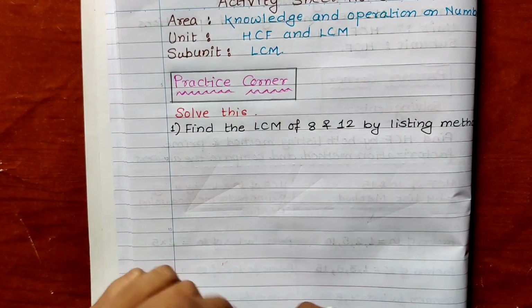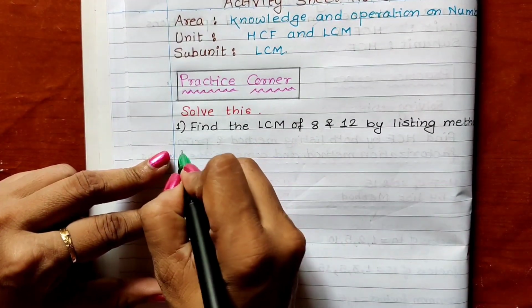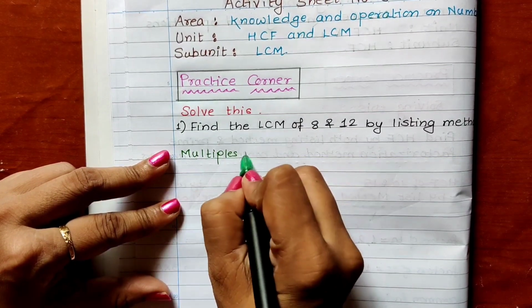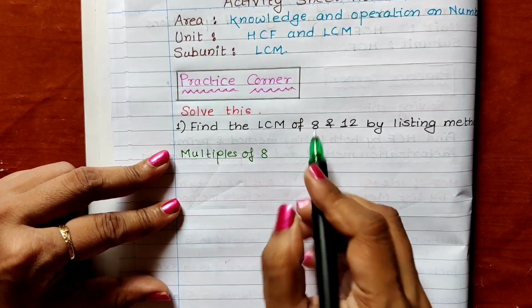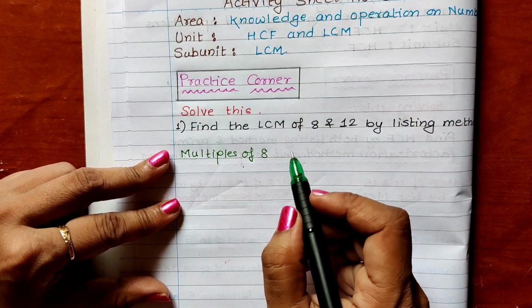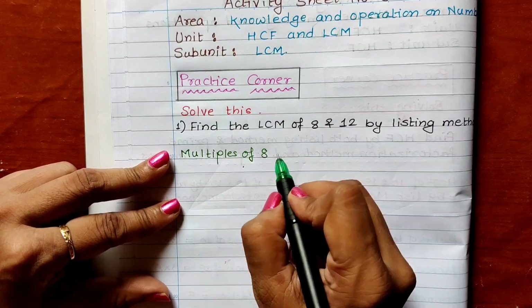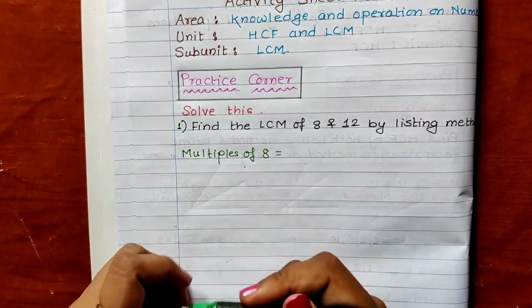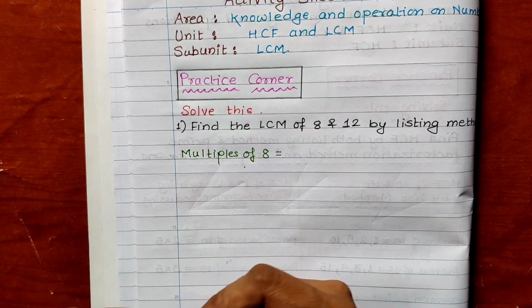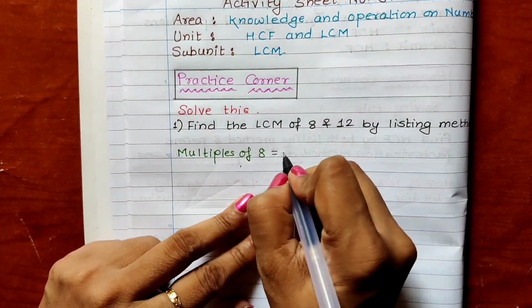So let us solve. First we will be writing multiples of 8. In LCM we have to write multiples, and in SCF we have to write factors. There is a difference between multiples and factors. In multiples we write the table. So let us write the table. 8 1s are 8.